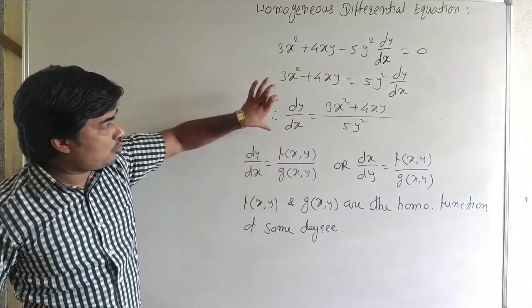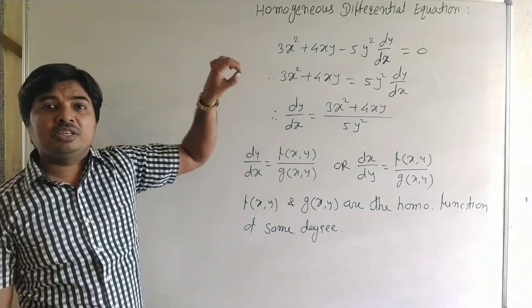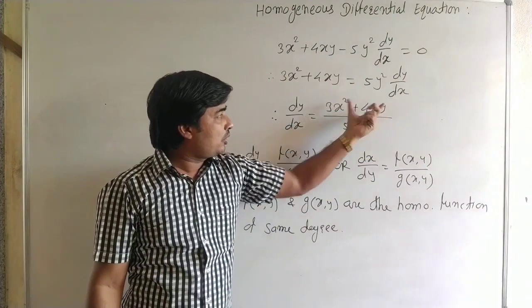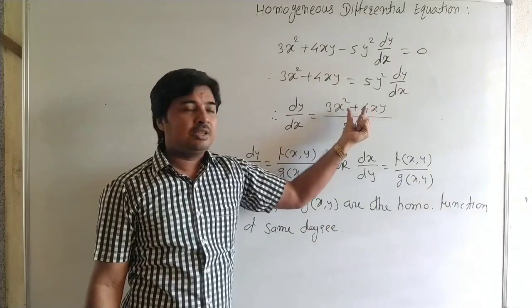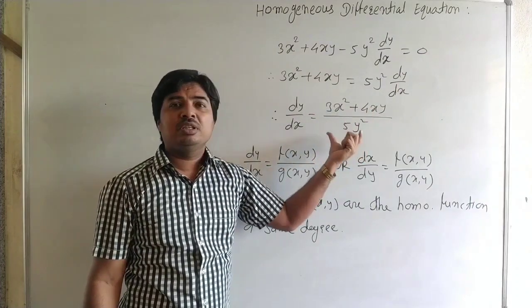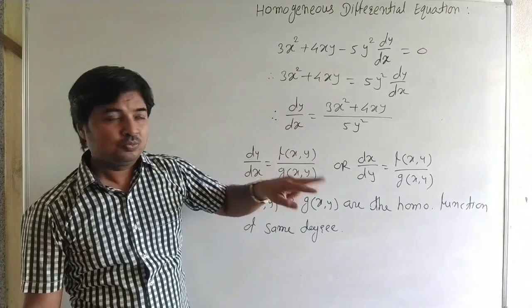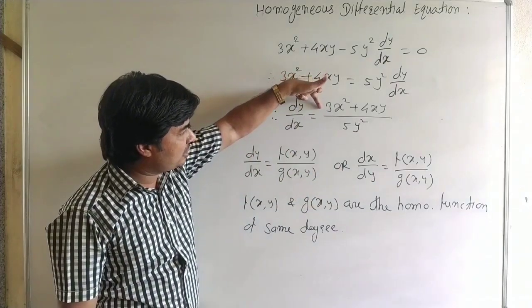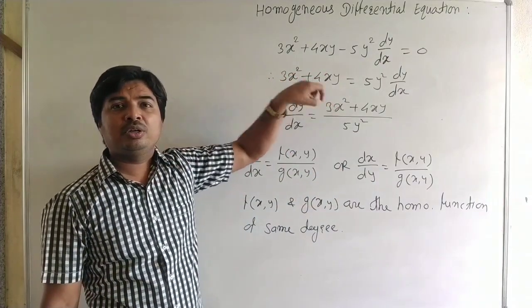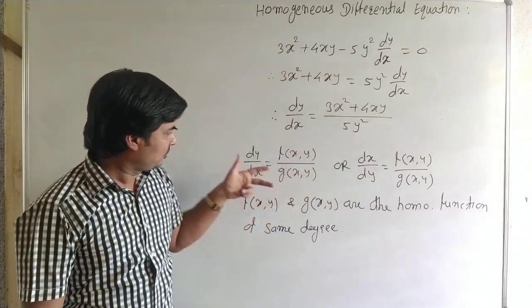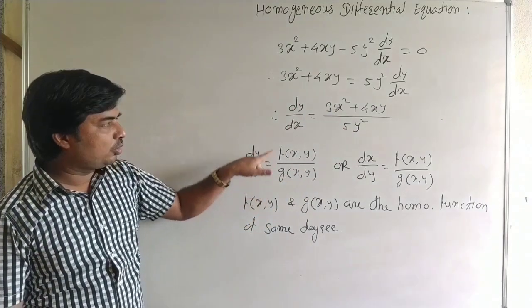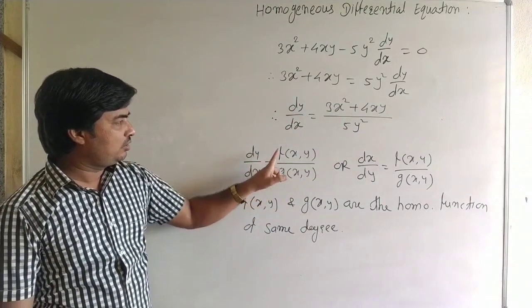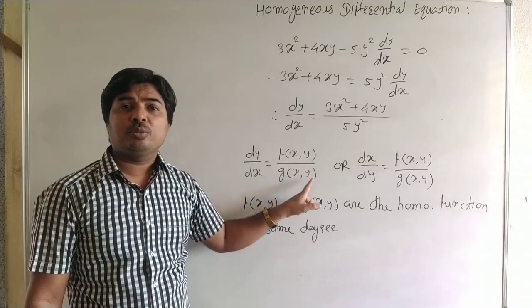Here it is the form of the homogeneous differential equation. The numerator is a homogeneous function in x and y of degree 2, and the denominator is also a second degree homogeneous function. See carefully, this is the form of the homogeneous equation: dy by dx is equal to f of x comma y upon g of x comma y.